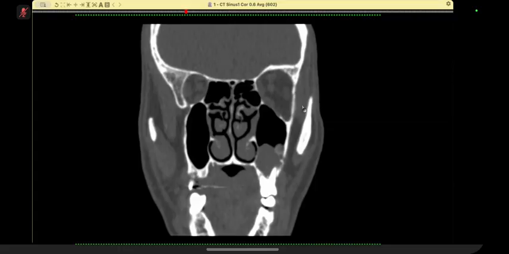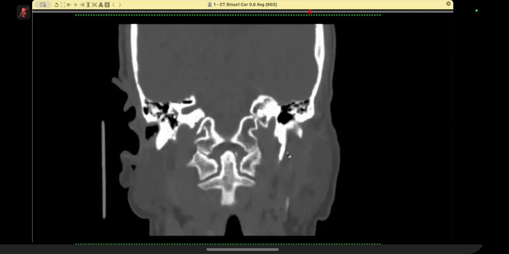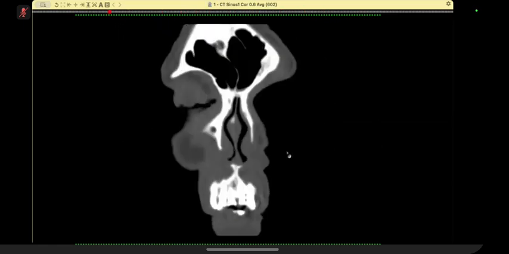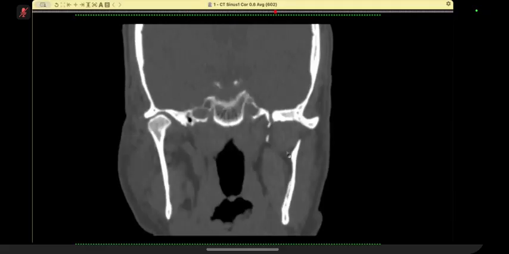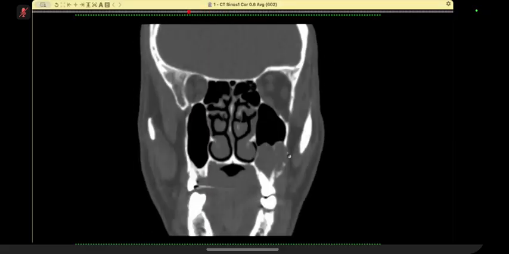Sir, I'm not able to scroll through the images. Ask for the mouse again if you want. Yes, sir. With you, please. Yes, sir. I'll just start from the first image.